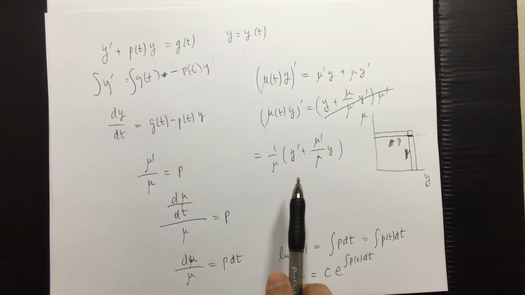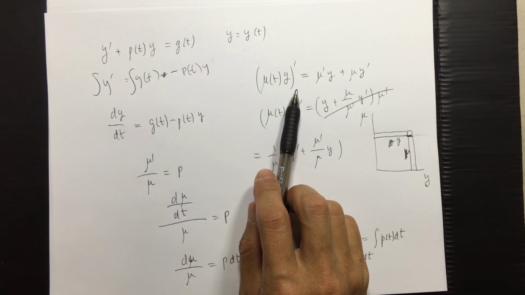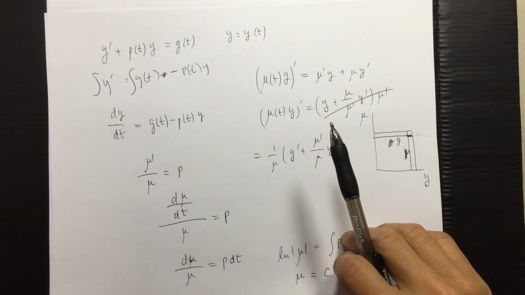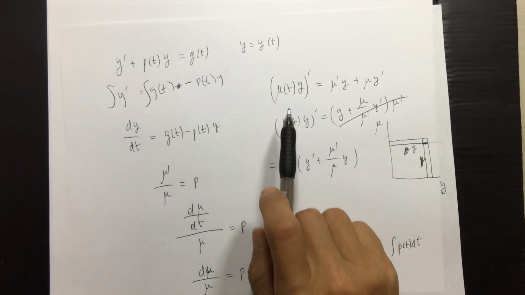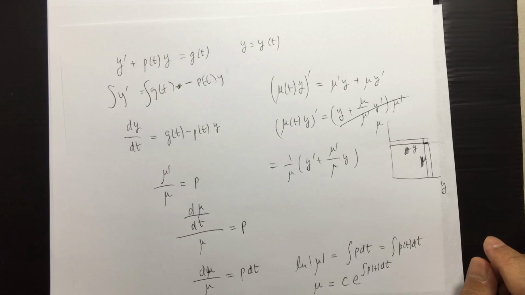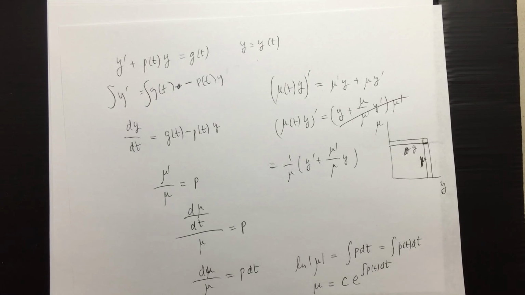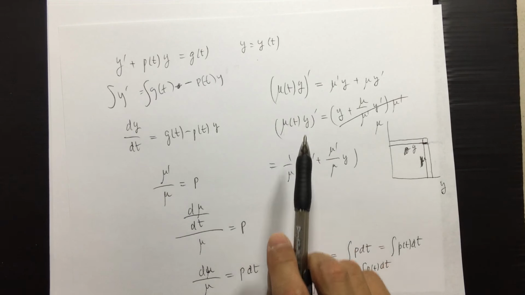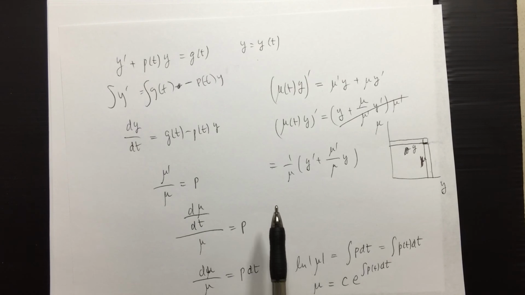In other words, you put this mu into this whole thing, and it becomes mu t times y. Now, when this is mu t times y, when this becomes this, this equals to gt.